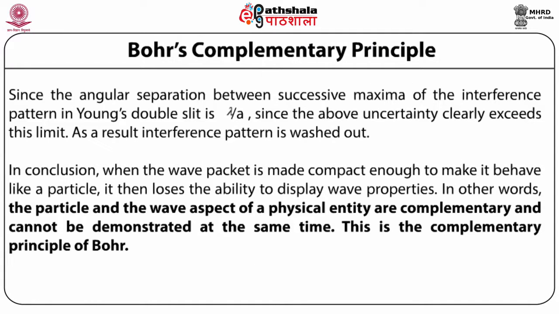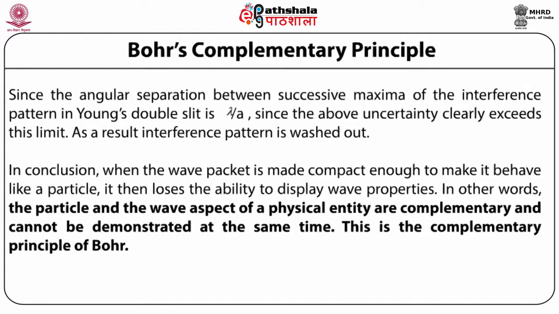Now, the angular separation between successive maxima of the interference pattern in Young's double slit is lambda / a, where lambda is the wavelength of the wave associated with the particle, and a is the half separation between the two slits.